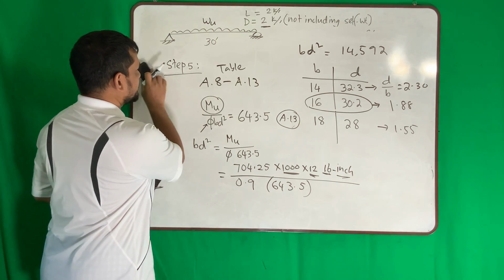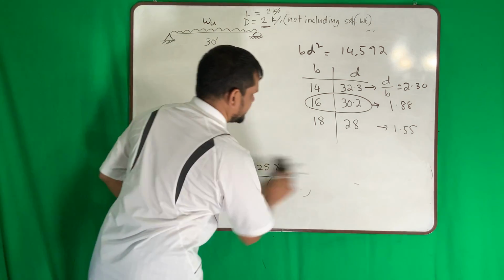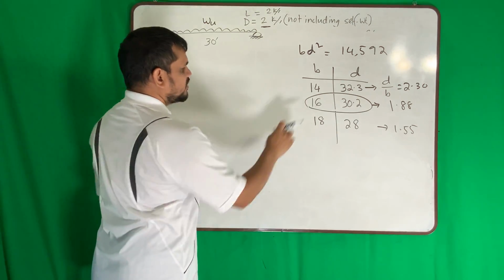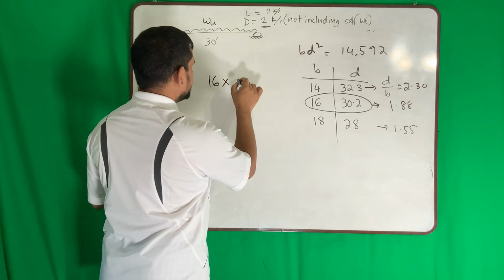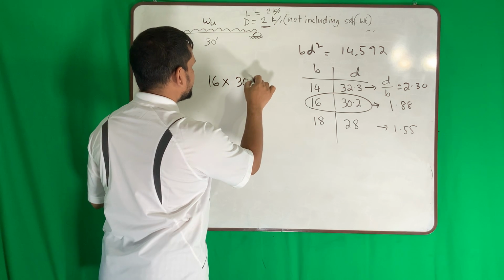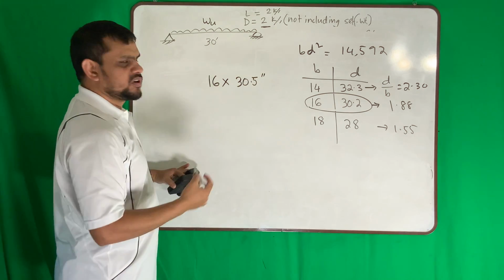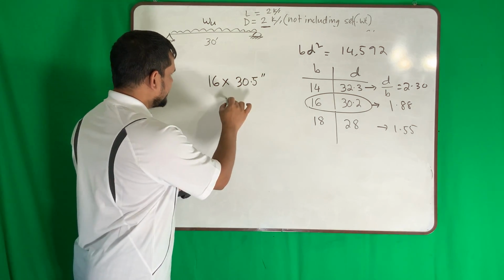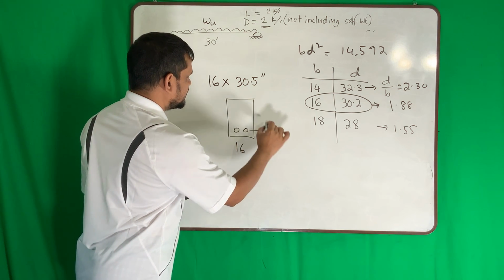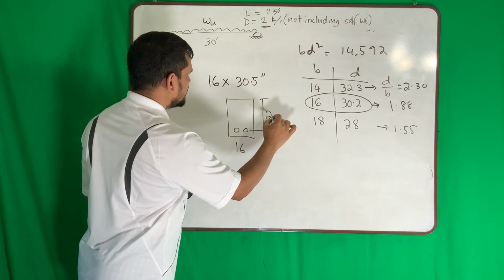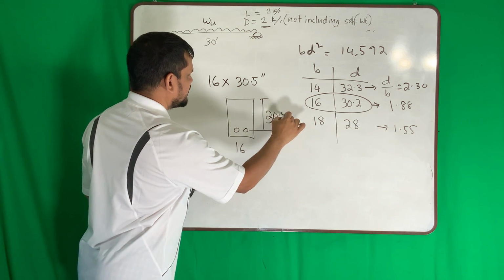So now this value is not a round number. We'll make it round. Say 16 width. D we will use 30.5 inch. We'll round up. That means this is 16 and this portion will be 30.5 inch.